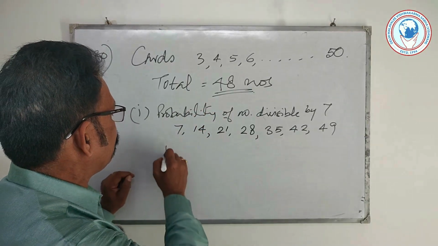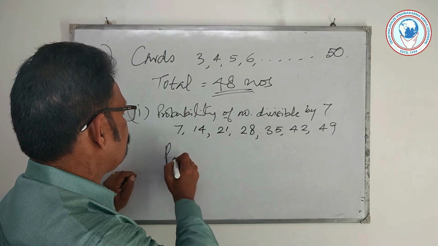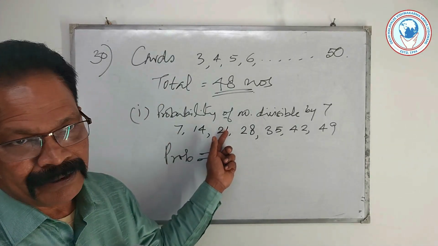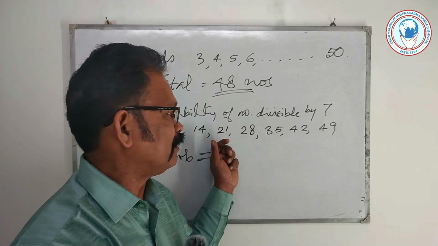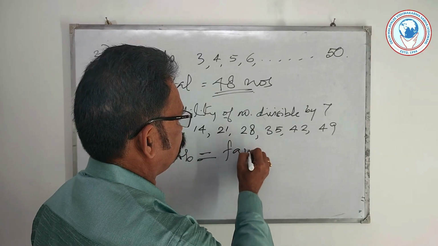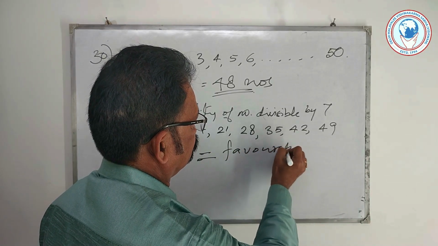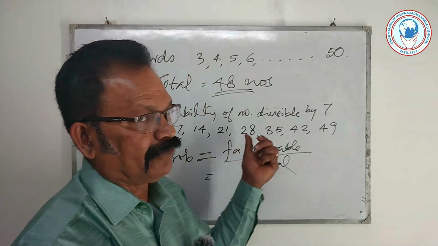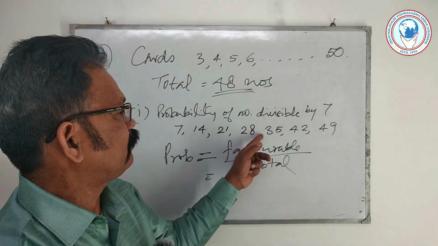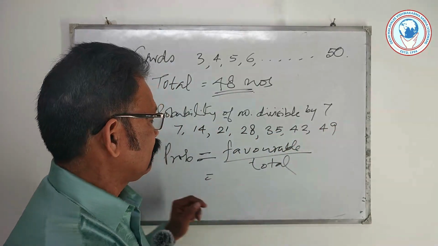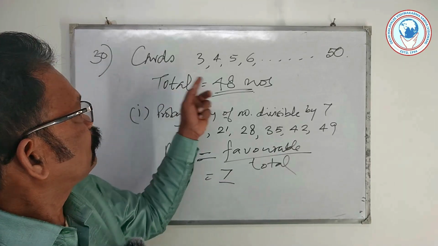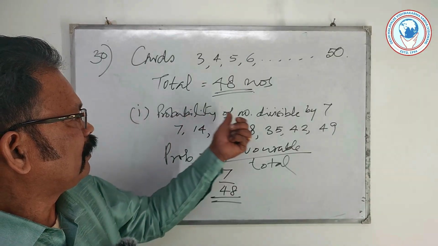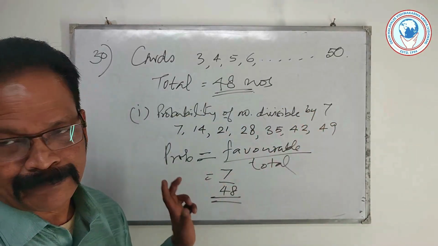So probability is given by favorable outcomes divided by total. Favorable outcomes are 1, 2, 3, 4, 5, 6, 7 divided by total 48. So therefore, probability of number divisible by 7 is 7 by 48.